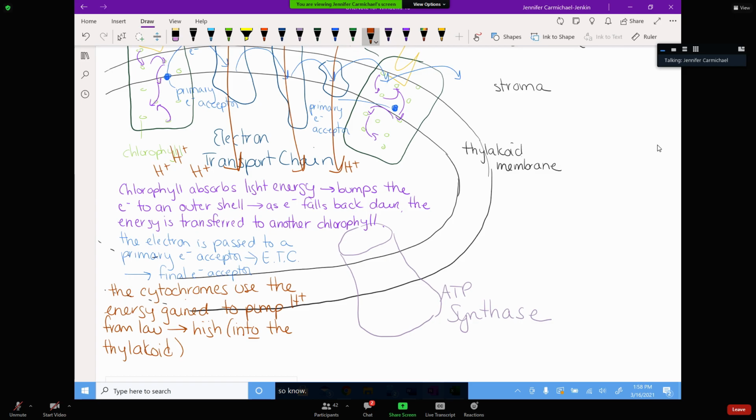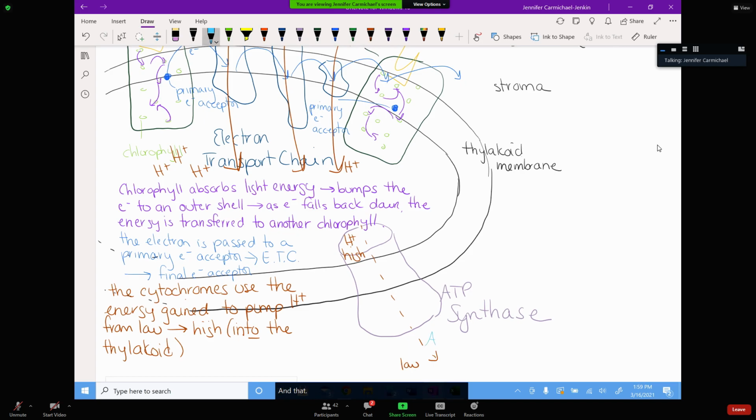So nothing different here than cellular respiration, except the energy came from a different source. The energy came from light. And you probably can guess that those H pluses are then going to diffuse from high to low through ATP synthase.